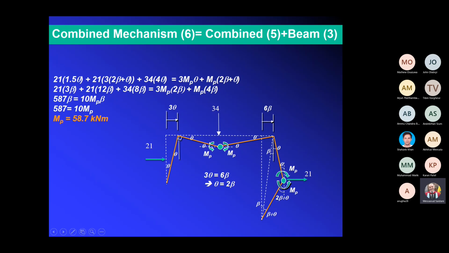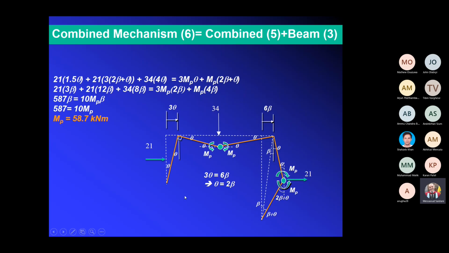Equals, we have mp theta plus mp theta plus mp theta plus mp times this angle here, which is 2 theta plus beta. So therefore we have 3 mp plus mp times 2 theta plus beta.